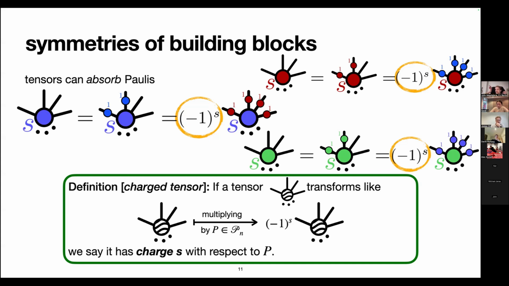The red one is charged with respect to the ZZZZZ, and similarly the green spider or the Y spider is charged with respect to the Pauli operator ZZZZZ. So they all carry charges with respect to different Pauli operators. For example, the Hadamard gate maps Y to -Y, so I would say the Hadamard is also charged with respect to YY.